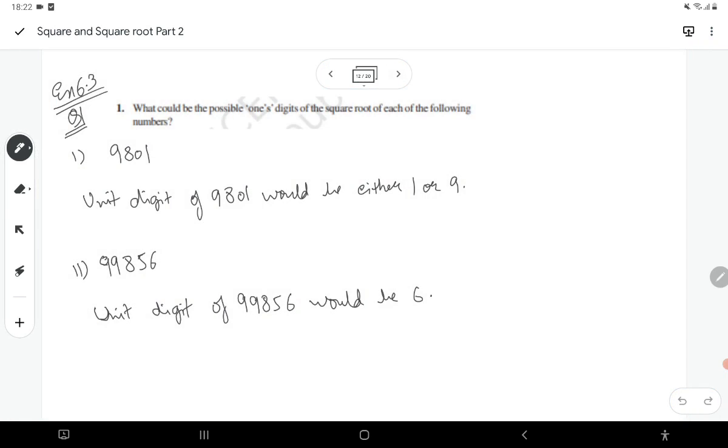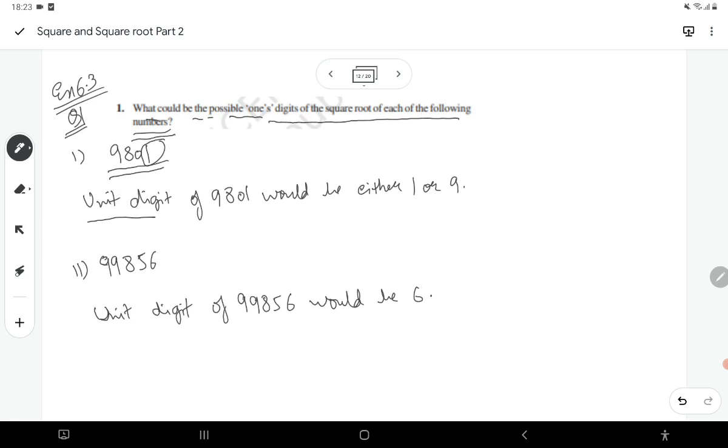So let's solve some questions of exercise 6.3. It says, what could be the possible ones digit of the square root of each of the following numbers? Its first part says 9801.